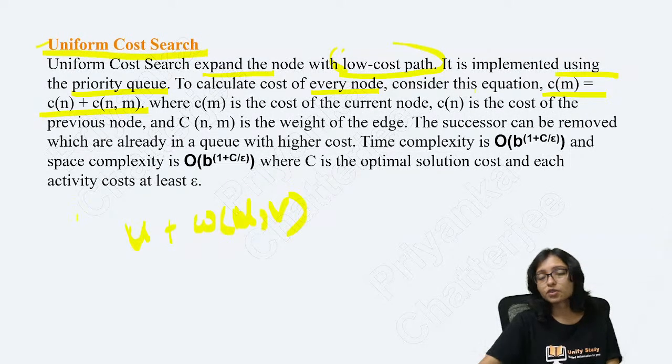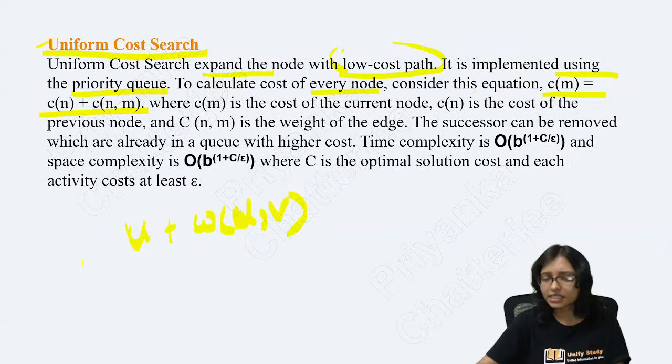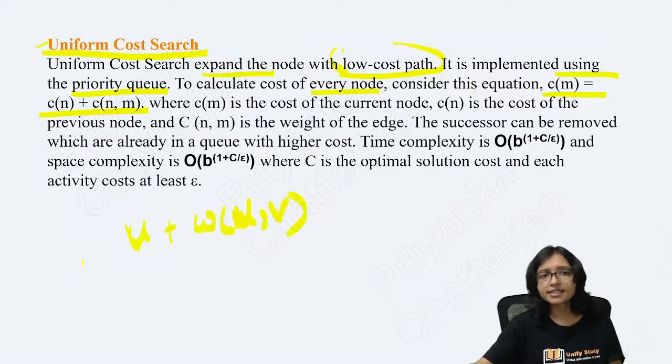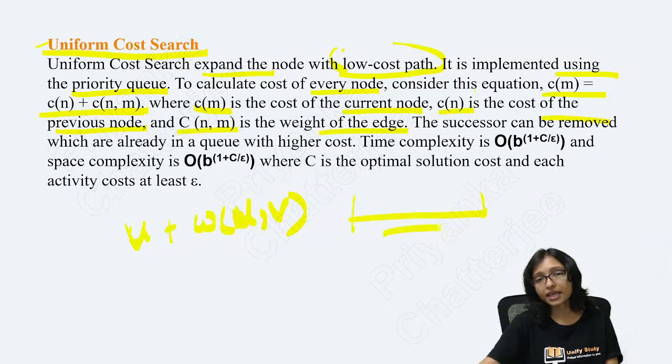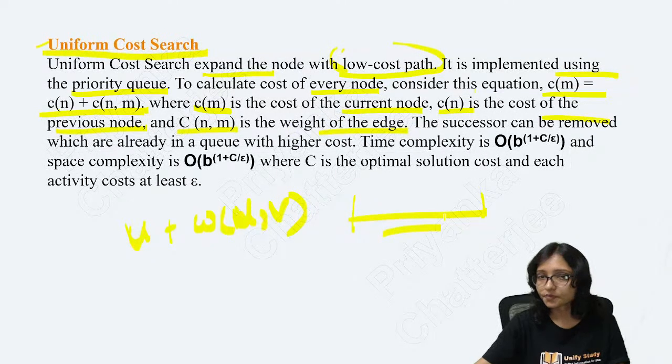That was the concept of Dijkstra's algorithm. It is the same concept here: where you are plus the cost to traverse. So C(M) is the cost of the current node and C(N) is the cost of the previous node, plus C(N, M), the weight of the edge between N and M. That weight of the edge will be calculated.